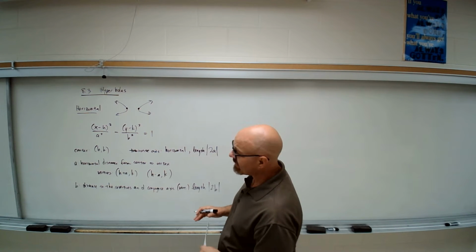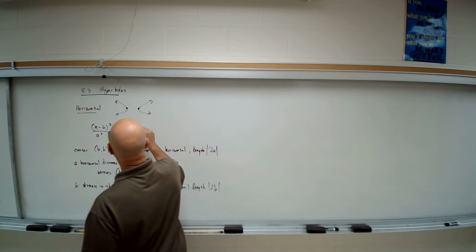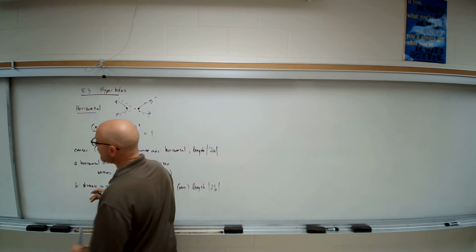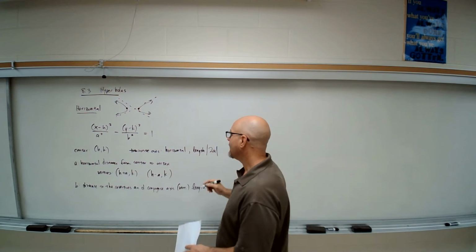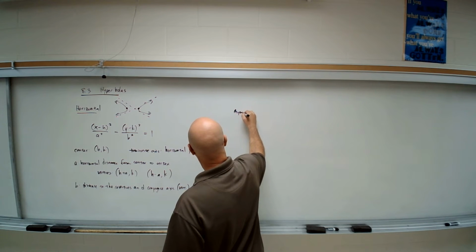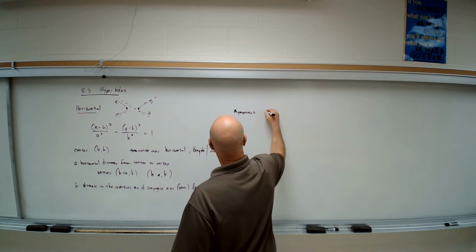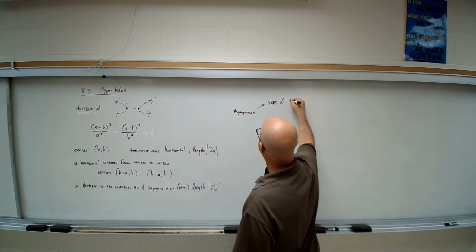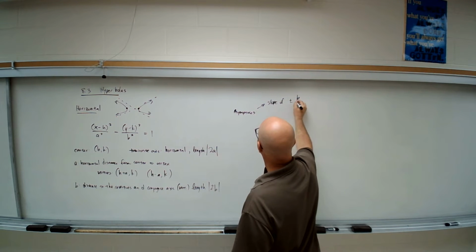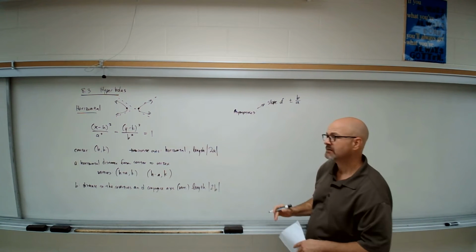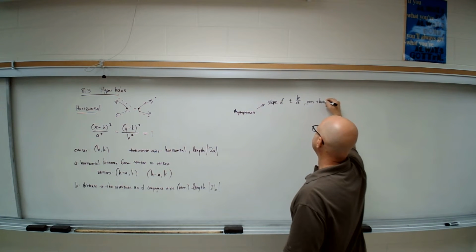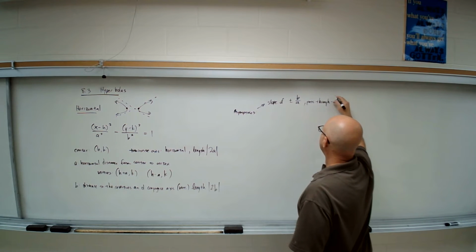Now, what's different is because we have a hyperbola, we actually have two asymptotes that help give us that shape. And the equations for those, well, they're both going to have a slope of plus or minus b over a. And they pass through the center.